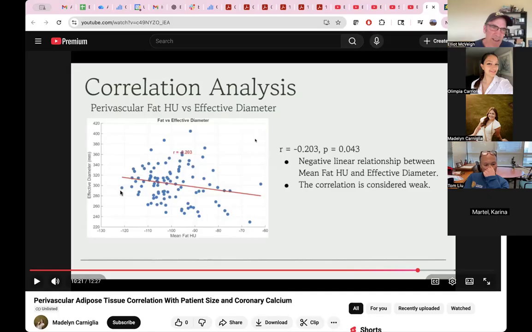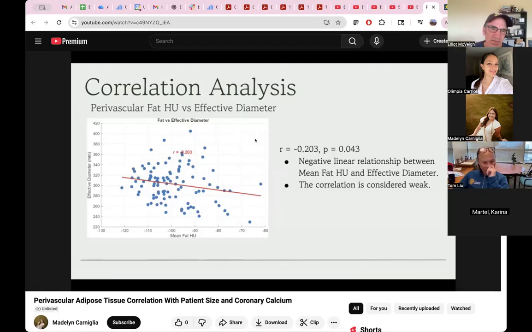The error in this direction, where you are saying I've got a mean of just under negative 120, do you recall the standard deviations inside your circle? Is it like the size of this dot? Yes, I believe it's plus or minus 5 Hounsfield units, just to ensure that we got the correct region. Okay, cool.